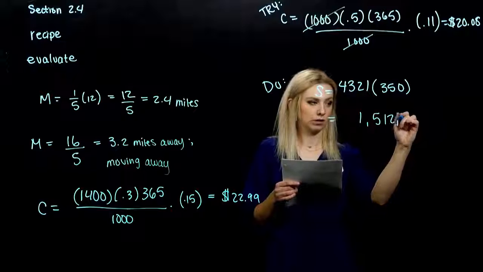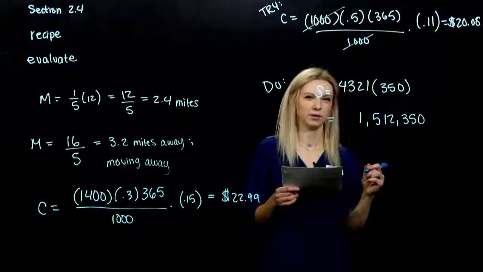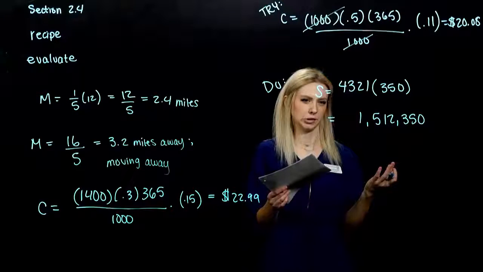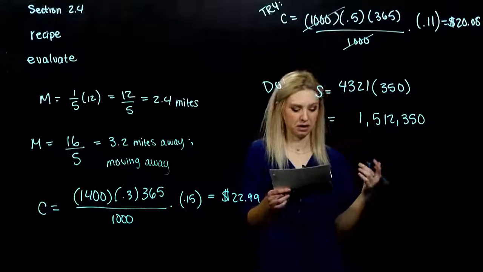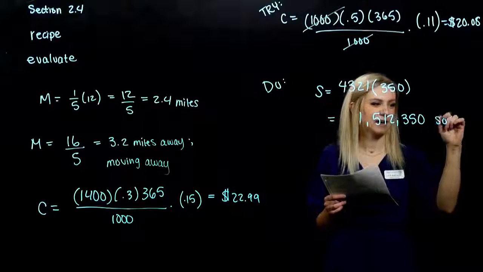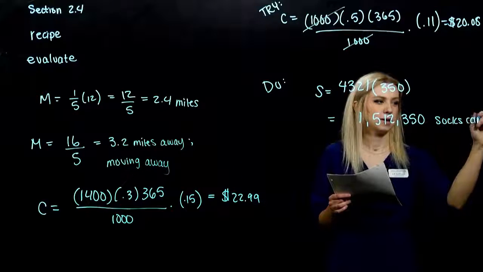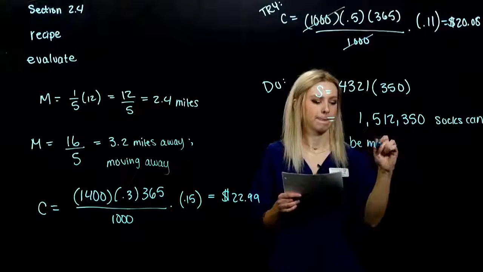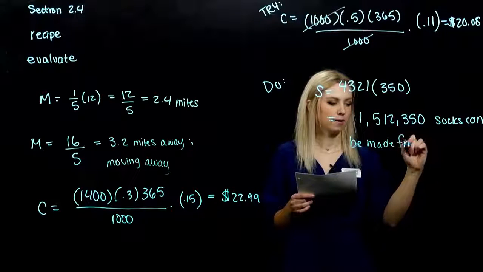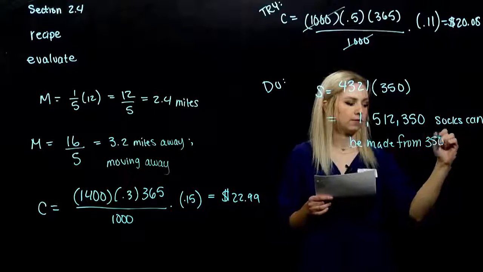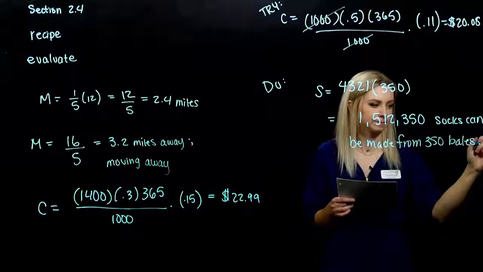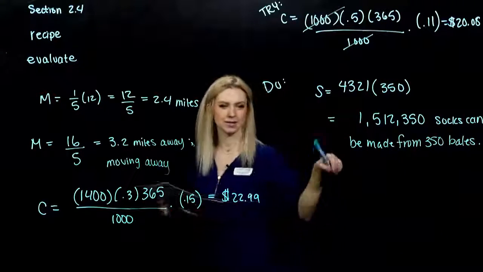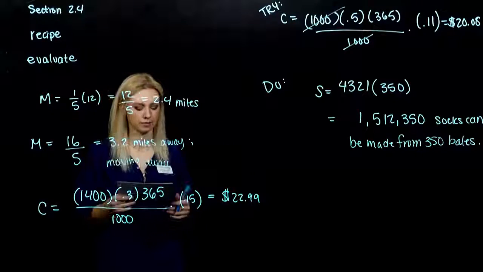Over 1 million. Although we don't know if it's pairs of socks or single socks. Either way, it's a lot. But this many socks can be made from 350 bales. So we always like to sum it up with a sentence, make sure to have units.